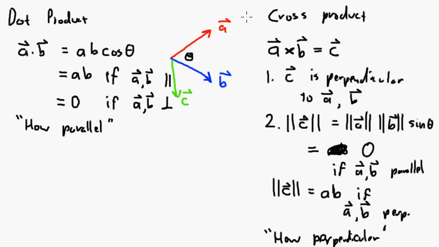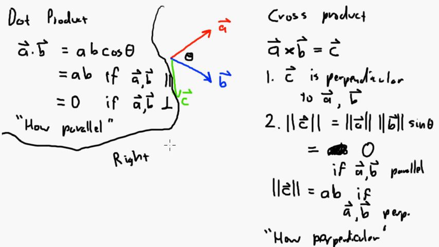Finally, which direction does the cross product point? I'm going to fence off my dot product stuff here because that's old hat. Well, you use something called the right-hand rule. You have your right hand, palm towards you. I know this is a horrible drawing.